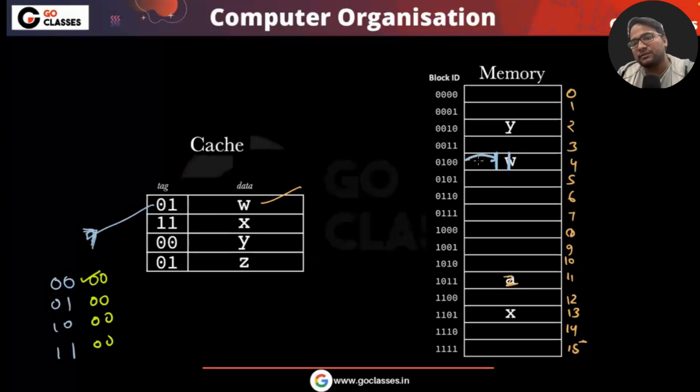Let's suppose you keep some data in Jaipur, or in Bangalore. It doesn't matter, right? How much to go inside will not change if I move the whole thing. So the line offset and the block offset are the same. Offset means which byte within the block you're talking about. Let me know if this is making sense.